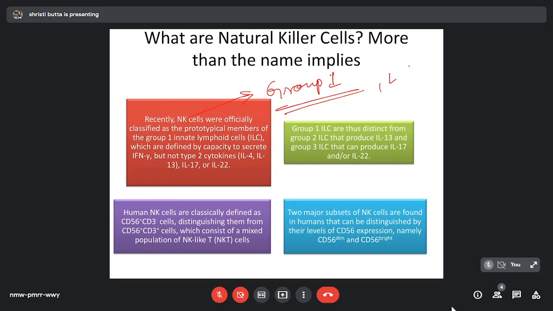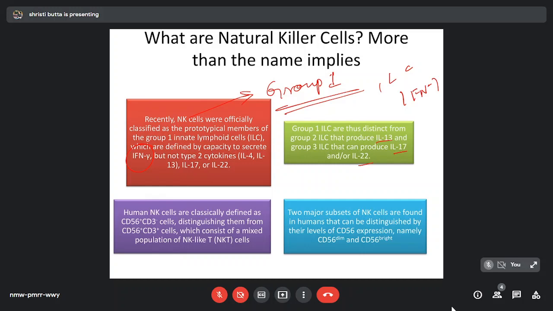Group 2 innate lymphoid cells express interleukin 13, and group 3 express interleukin 17 and or 22. However, interleukin 13, 17 or 22 are not expressed by group 1 innate lymphoid cells, which characteristically express interferon gamma.